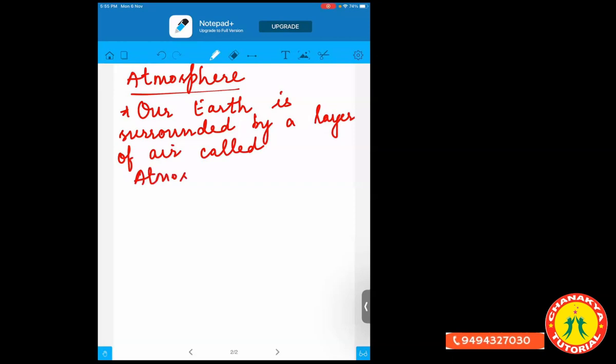That is why we can feel it. We cannot touch it, but yes, we can feel it. We cannot see it also, but we can feel it. Now, this atmosphere has four different layers. Do you know what the four different layers of the atmosphere are?